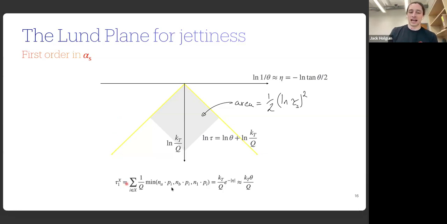Now the one-jettiness had this abstract definition here, but if we decompose the emission angle of that particle, momentum K, that we've emitted in terms of kt and theta, this actually just ends up being equal to kt times theta over Q, where I should have said before, Q is some hard scale.